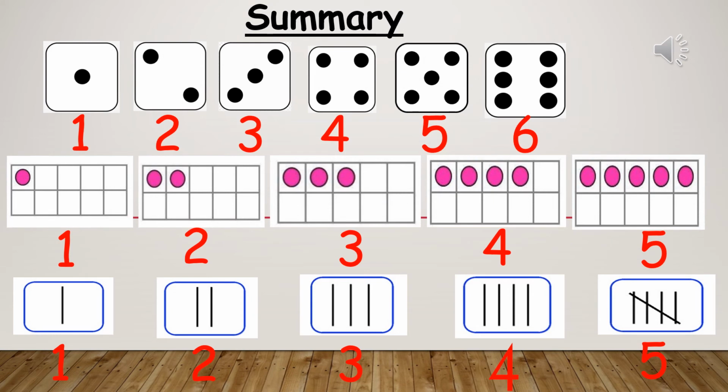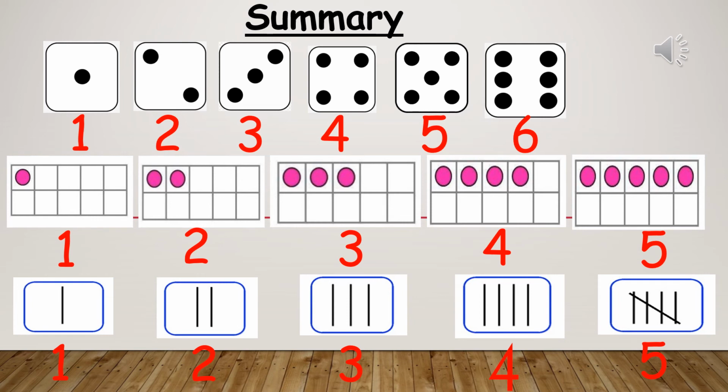I hope you all enjoyed today's lesson. Don't forget that we learned about a dice, 10 frames and telemarks from numbers 1 to 5. We also learned that all the dots on the dice and 10 frames represent certain numbers.